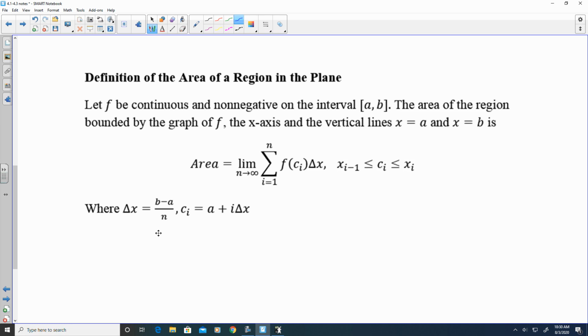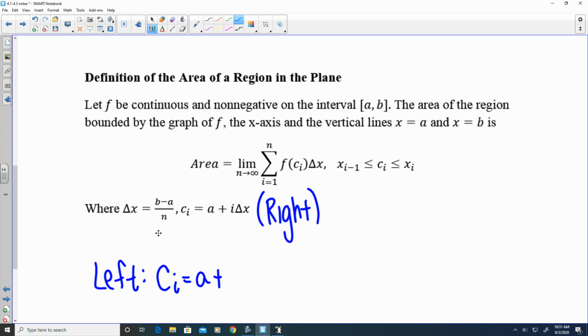So remember that this is our right. And it's much, much easier. If we're asked from here to do the left, you should still do it, but the CI would be a plus I minus 1 delta x, because that's going to get you the left instead of the right.